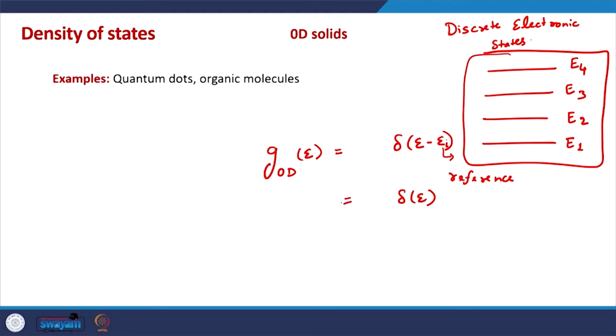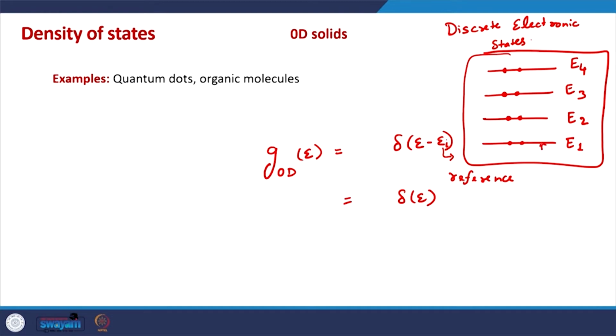But here also each of these electronic states can hold up to 2 electrons, because the electrons can have up spin and down spin, and as we already know, opposite spin electrons can stay in one energy level.